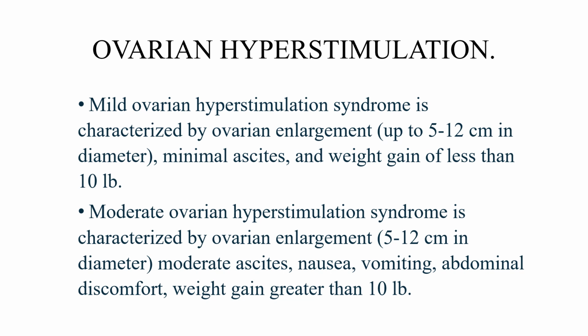Moderate ovarian hyperstimulation is characterized by ovarian enlargement of 5 to 12 centimeters in diameter, moderate ascites, nausea, vomiting, abdominal discomfort, and a weight gain greater than 10 pounds.